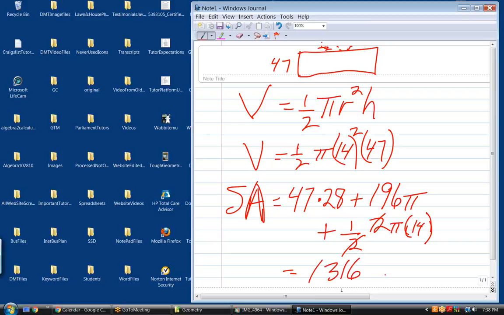What's the rest of the answer? Plus 210 pi. Correct. And that is the proper way to give the answer, as two separate entities, because pi is involved. The other way is we could convert it to 3.14, and then we could add those two numbers together. But if you're going to leave your answer in terms of pi, you have to leave it as two separate numbers.